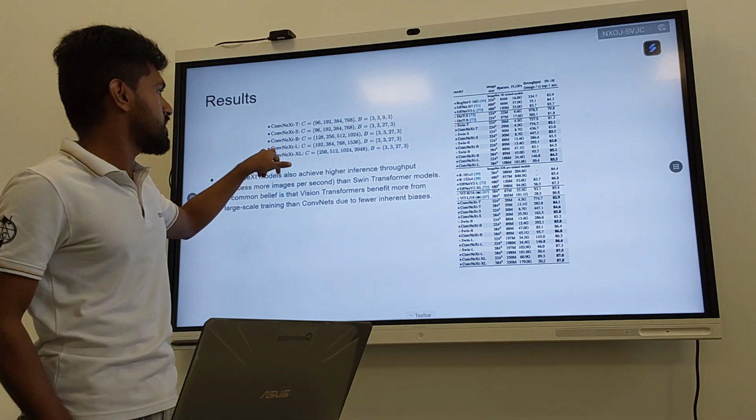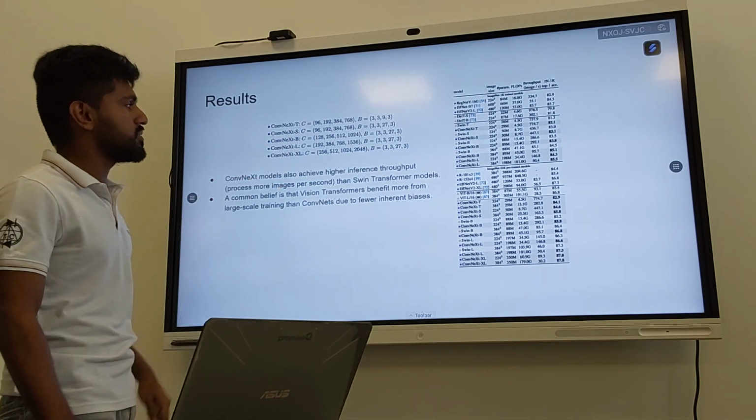That's how they get the ConvNeXt large and extra large models.